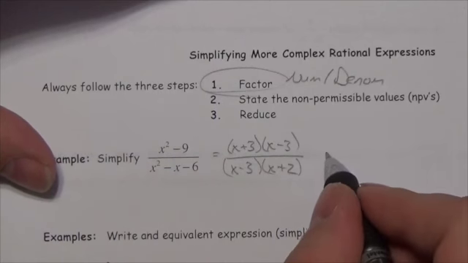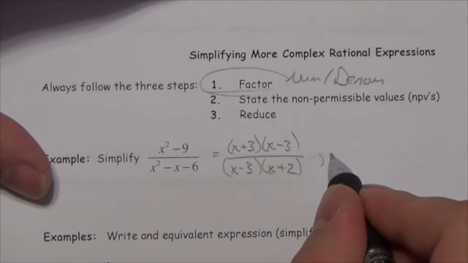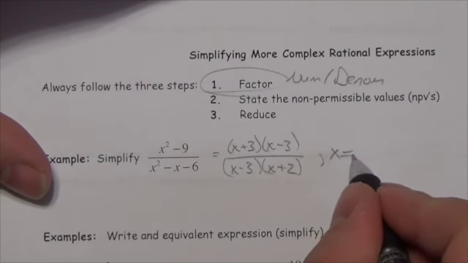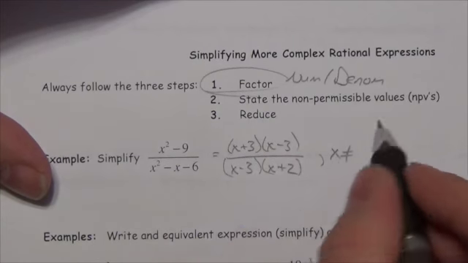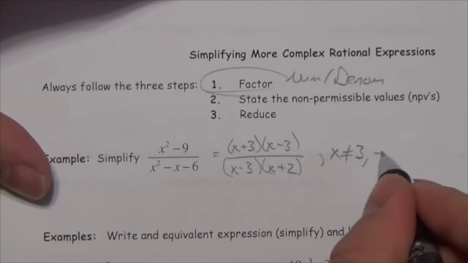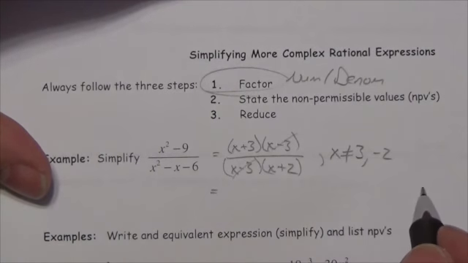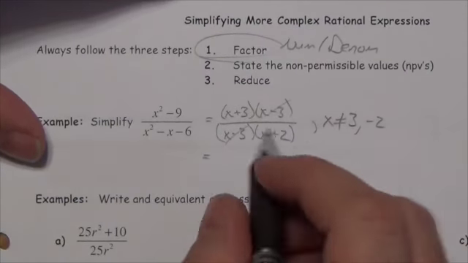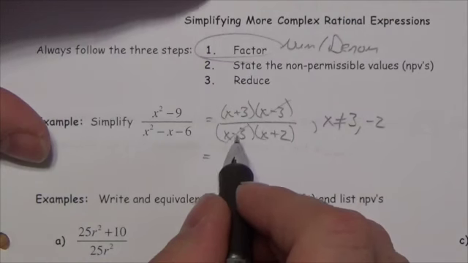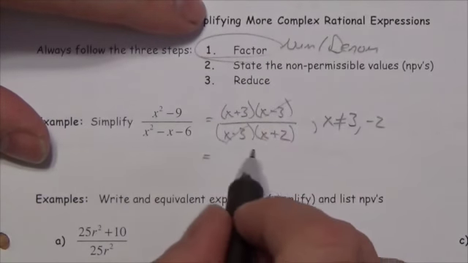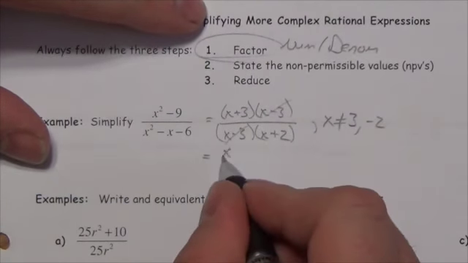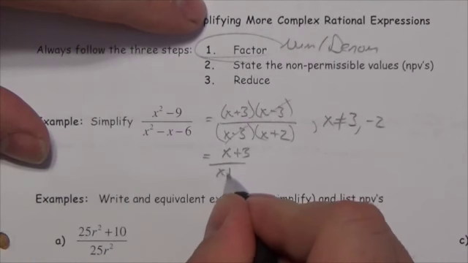Now, notice that my non-permissible values at this point would be that x cannot equal, now look in the denominator, can't equal positive 3, can't equal negative 2. And now x minus 3 divided by x minus 3 is going to go to 1. Now, when those factors are gone, that's 1 times x plus 3 divided by x plus 2. So this reduces down to x plus 3 over x plus 2.